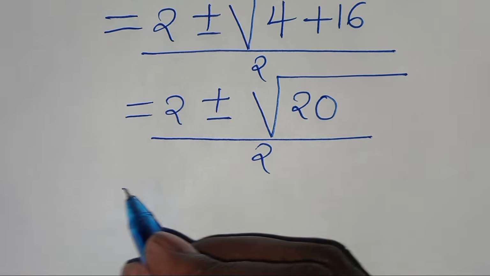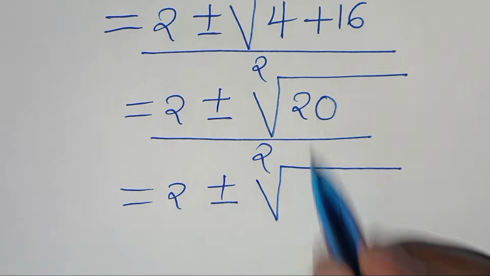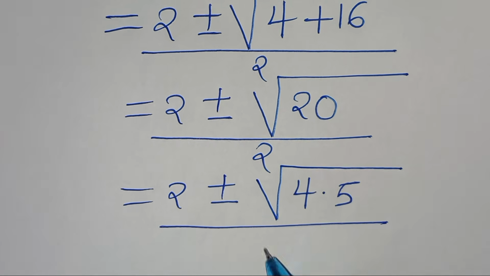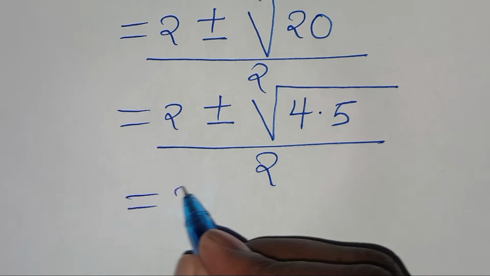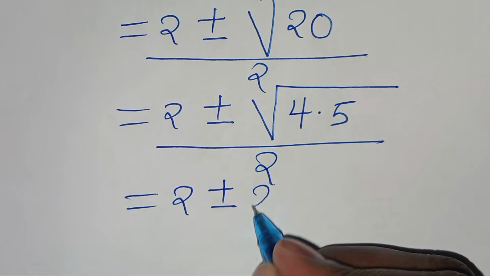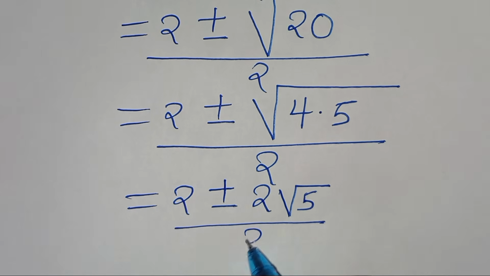So therefore we have 2 plus or minus the square root of 20, which is the square root of 4 multiplied by 5, then divided by 2. So that now we have 2 plus or minus the square root of 4, which is 2, then square root of 5, everything divided by 2.